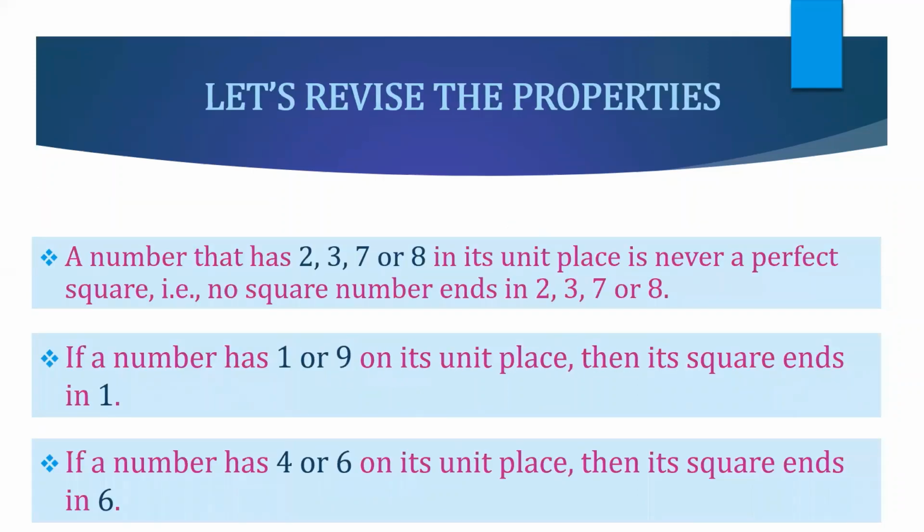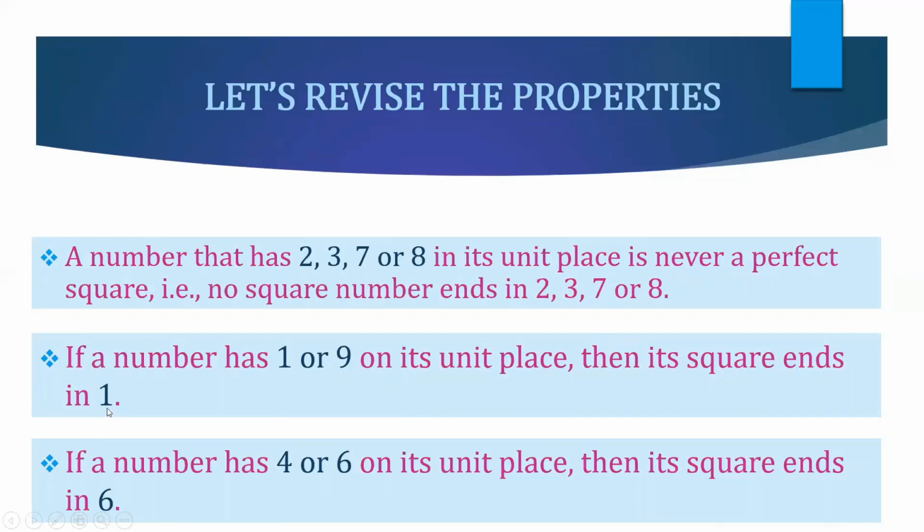Let's revise all the properties again. First property: a number that has 2, 3, 7, or 8 in its unit place is never a perfect square. That is, no square number ends in 2, 3, 7, or 8. Second property: if a number has 1 or 9 on its unit place, then its square ends in 1.